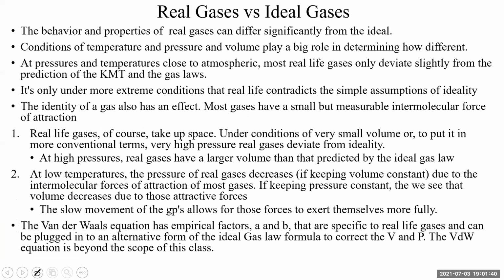There are some differences between real-life gases and ideal gases. The ideal gas law and the other simple gas laws make predictions about gases which hold true for most conditions that pertain to everyday life, meaning if you're close to room temperature, even down to freezing temperature, and when I say freezing, I mean the freezing temperature of water, and around atmospheric pressure.